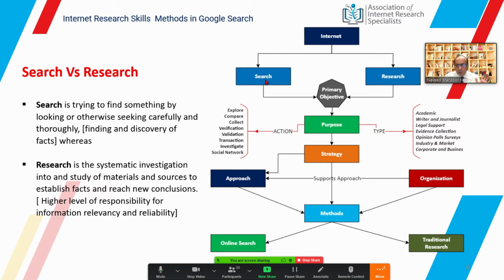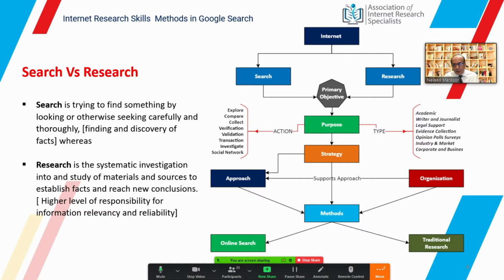So that's purely search. We need to understand the difference between search and research, because the approach to both is different when you are collecting information and using the internet.